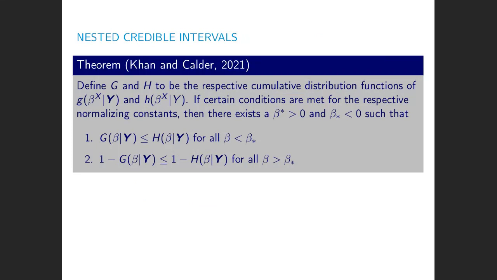One implication of our results is that we have this nesting of credible intervals. Oftentimes these models are used, even though they're Bayesian models, and we look at credible intervals, whether they cover 0, as an indication of the importance of particular covariates.